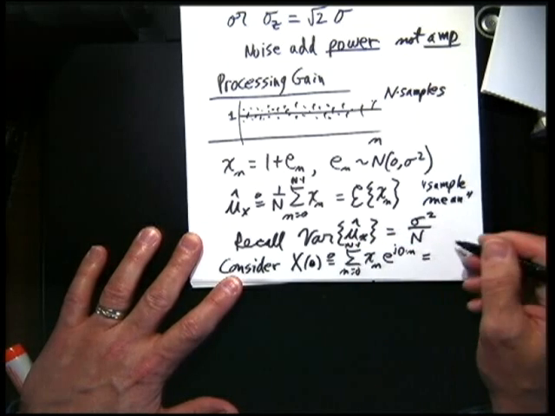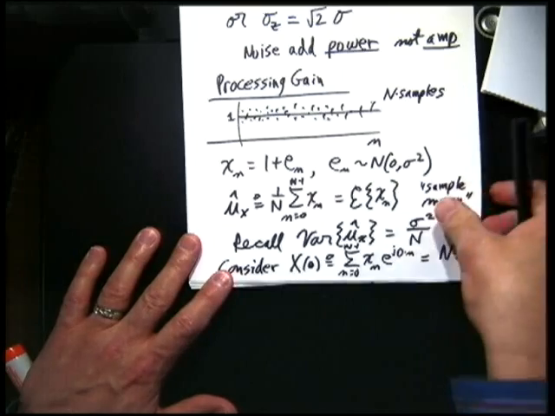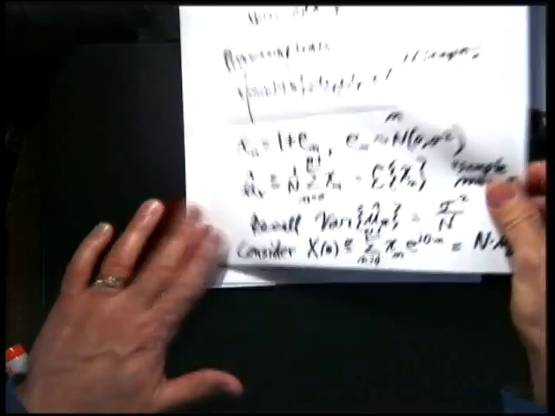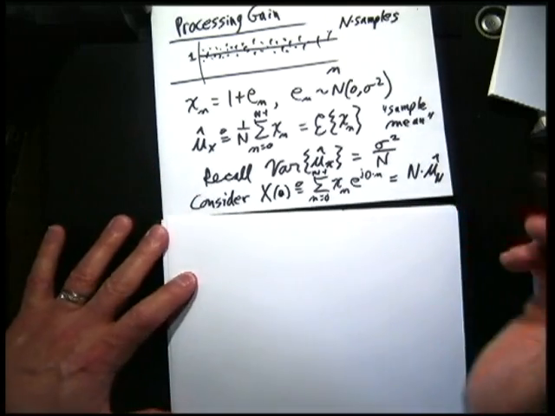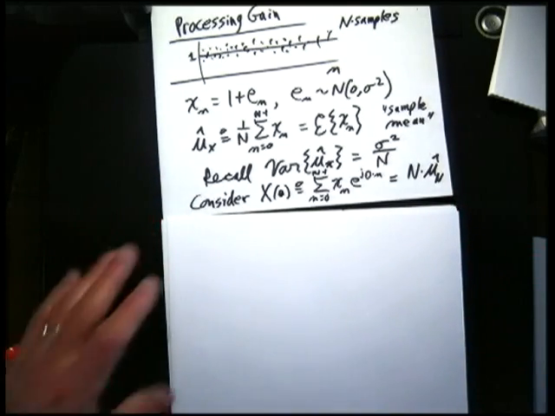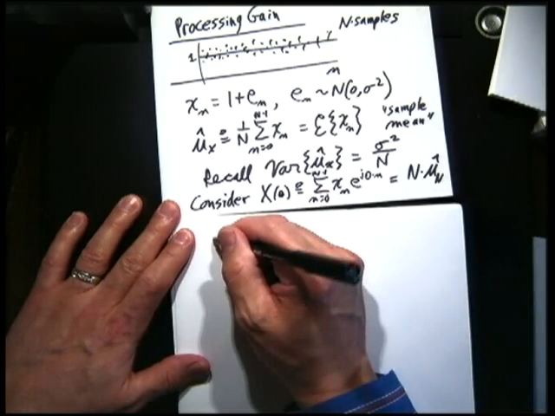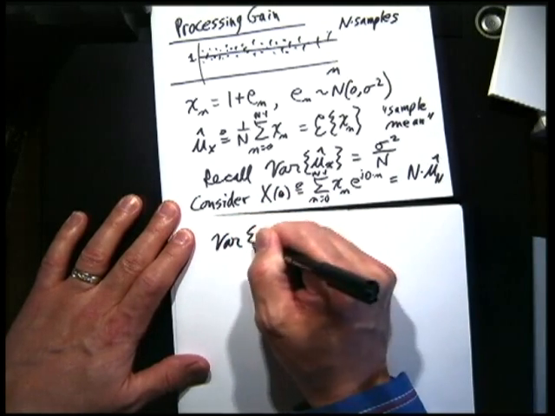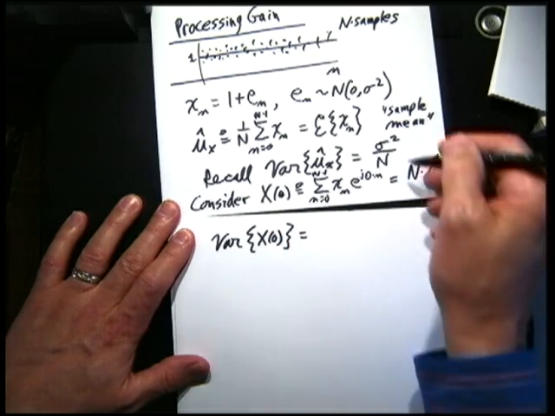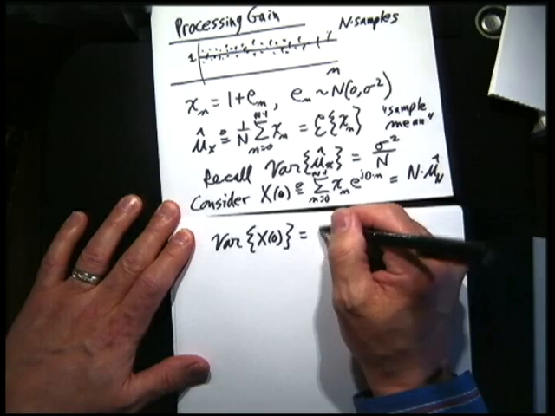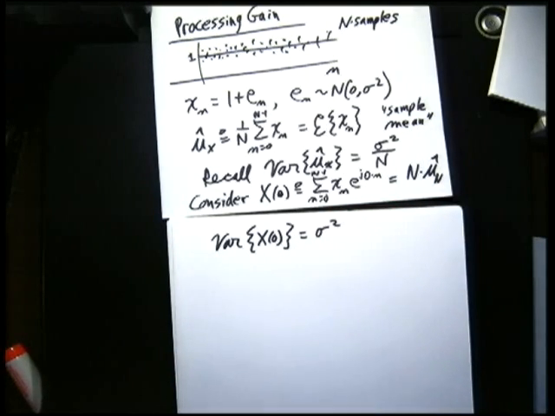So you can see that that's equal to capital N times mu hat of n, all right? So the DFT is n times the mean. So in particular, the variance of X of 0 is equal to sigma squared over n times n, or sigma squared. So in other words, it does not go down.